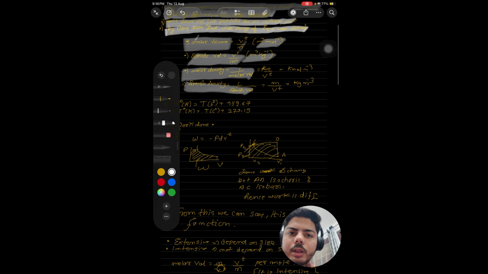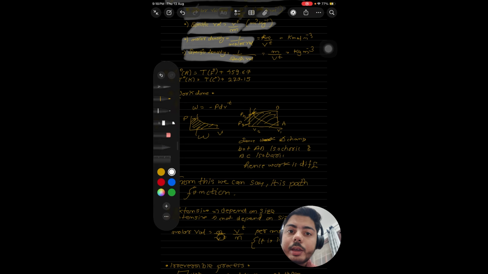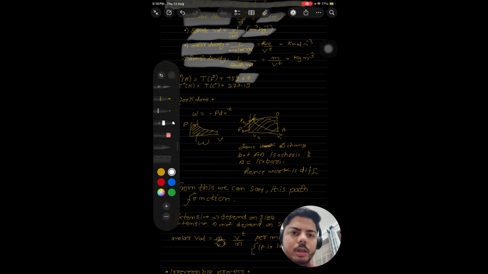These are simple basic things. And let us understand the unit conversion. Suppose there are different kinds of temperatures: Kelvin, Celsius, Rankine. These are not the same, so we need to understand the conversion between them.